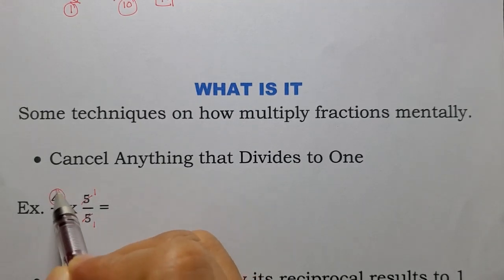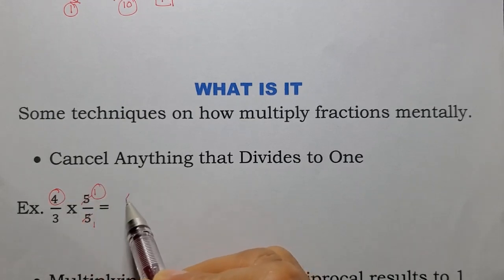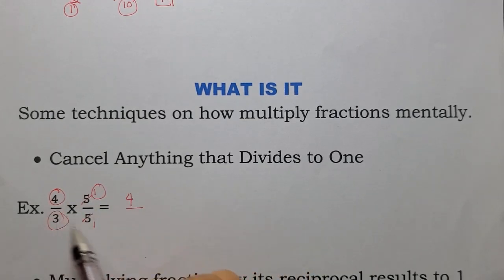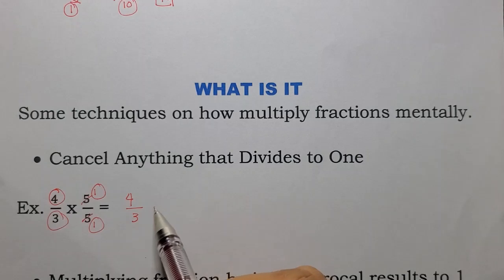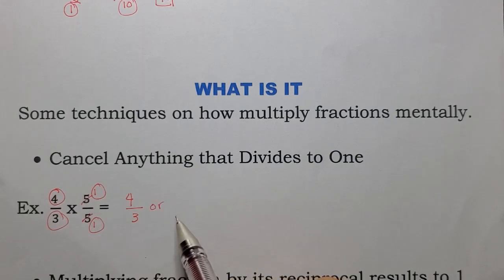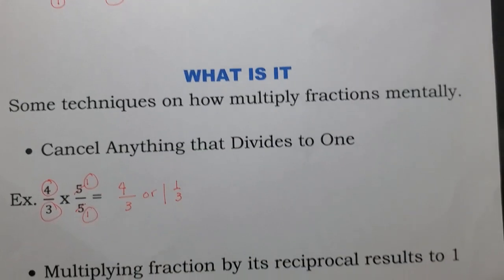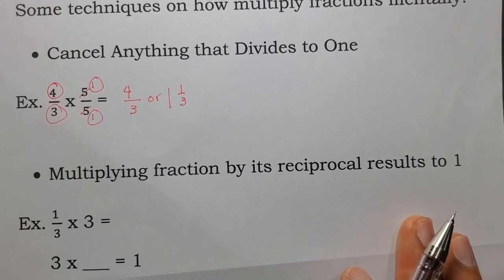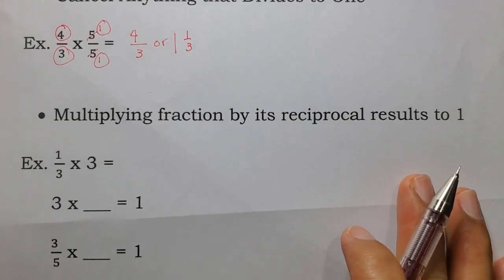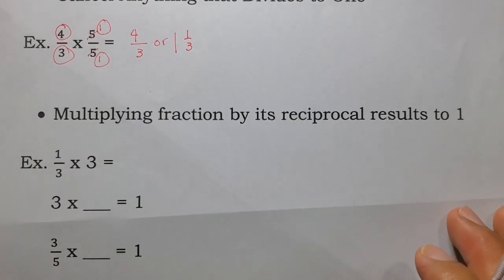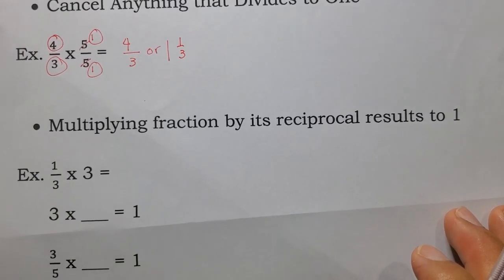So then we have to multiply the numerators, so that is equal to 4, and multiply the denominators, which is equal to 3. Of course, you have to express your answer in mixed form if it is improper. So the answer is 1 and 1/3. Let's proceed to the next technique. And this technique says multiplying a fraction by its reciprocal results to 1.